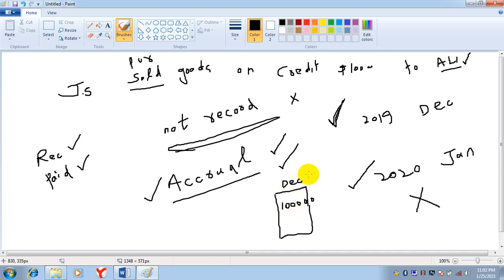The employees give services in December, but mostly we are making payment in January. So payment will be made here. But since this work is the work of December, you will record it in December 2019, not in January 2020.